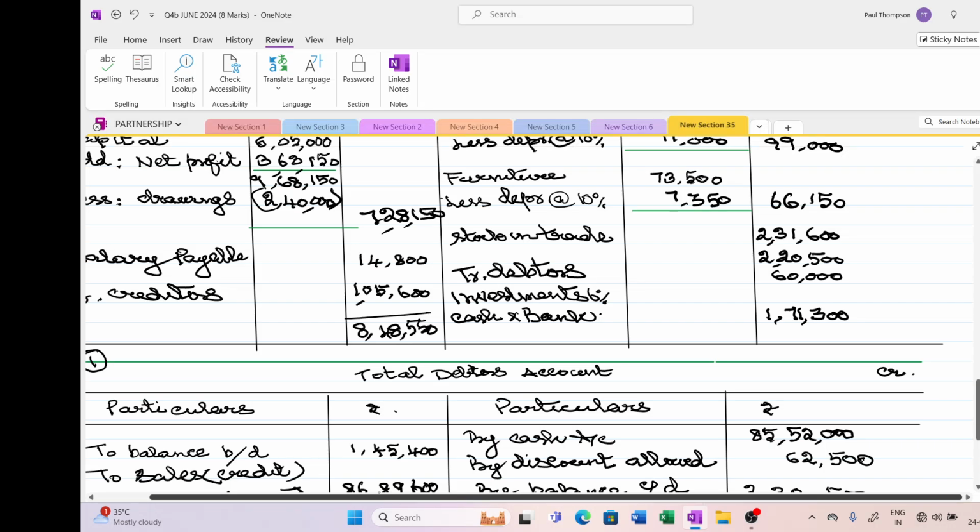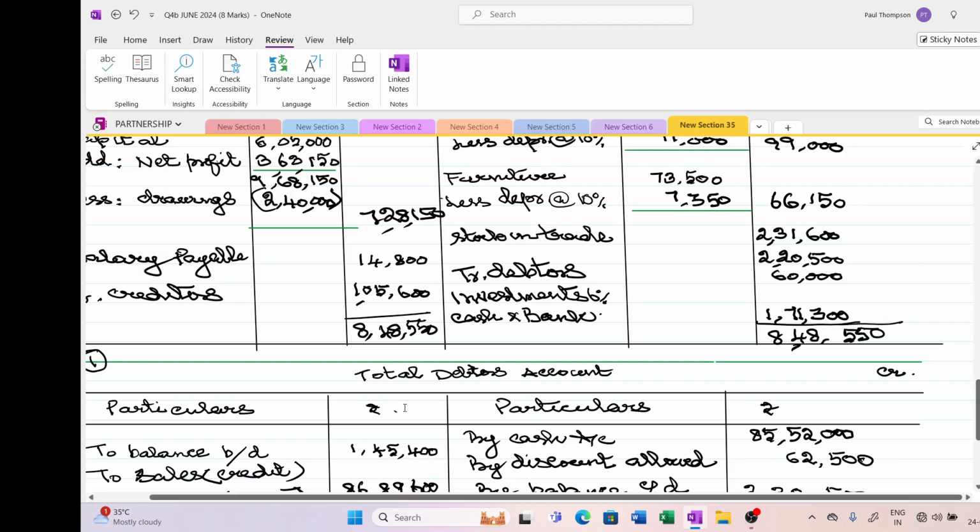This side the total comes to 99,000, 66,150 and then 231,600, 60,000, 220,500 and 171,300. So total comes to 848,550. So you'll be able to achieve your 8 marks with your good practice.